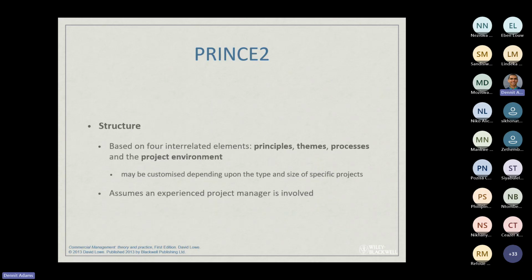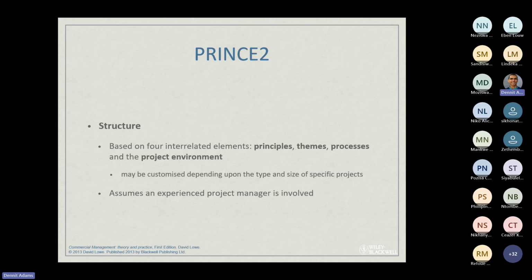How PRINCE is structured. It's based on 4 interrelated elements: principles, themes, processes, and the project environment. And these, of course, may be customized depending on the type and size of the specific project.